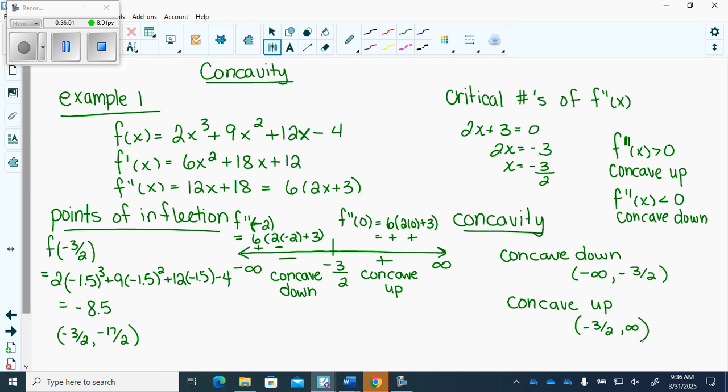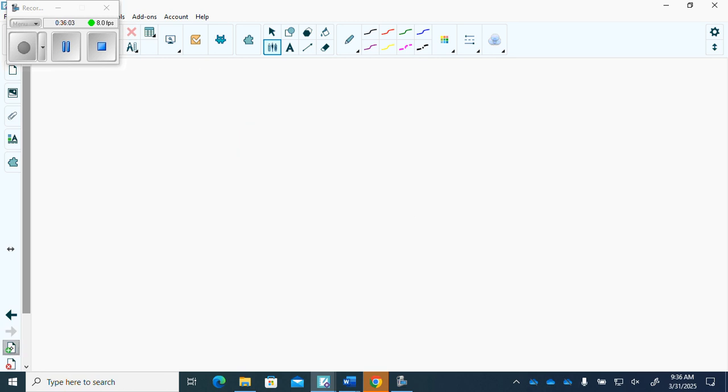Okay. Why don't you guys try this one? Okay. This is what I want from example 2. All the brain matter.